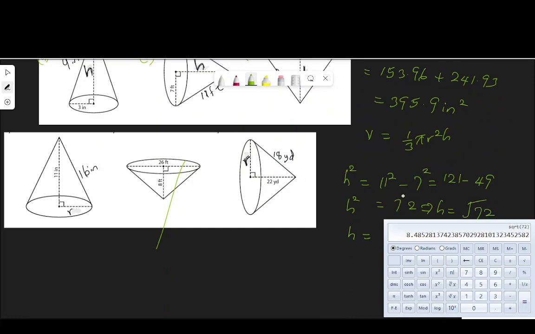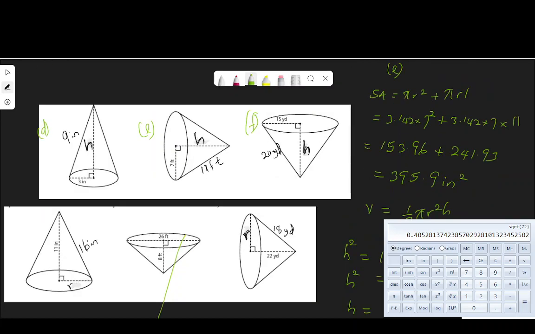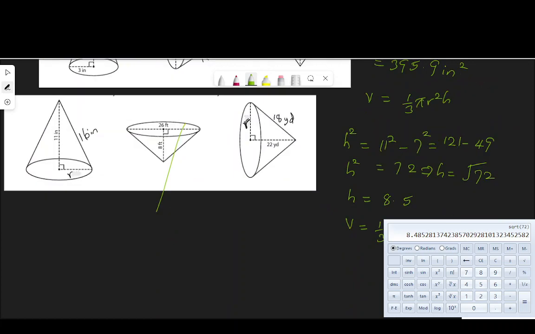So with that, you can get the volume of the cone. The volume is 1 over 3 pi r squared h. So V is 1 over 3 times pi, 3.142, times the radius of the cone, which is 7, 7 squared, times the height, which we calculated to be 8.5. 7 squared is 49.